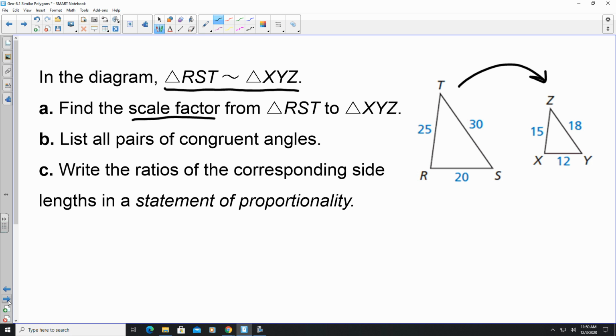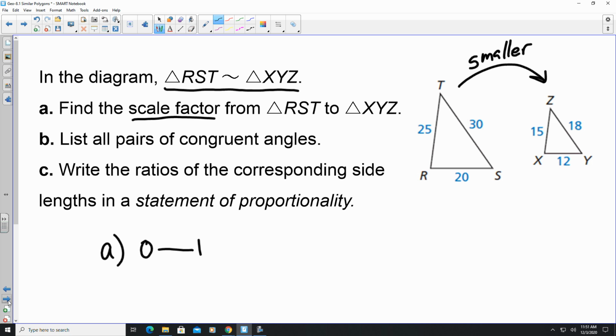And in this case, it gets smaller. So since it gets smaller, that means that our scale factor is going to be a value that falls between 0 and 1. So our answer is going to fall between 0 and 1. So it's going to be a fraction of some kind.